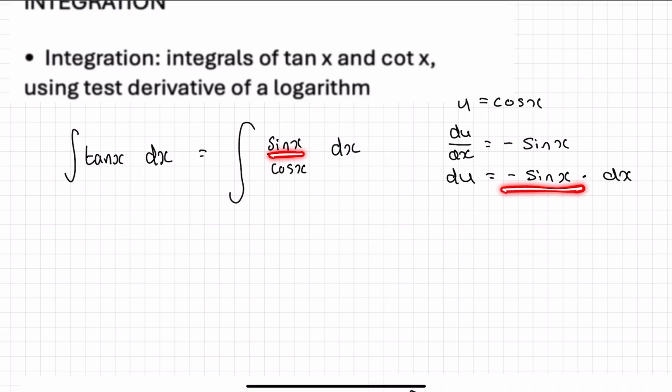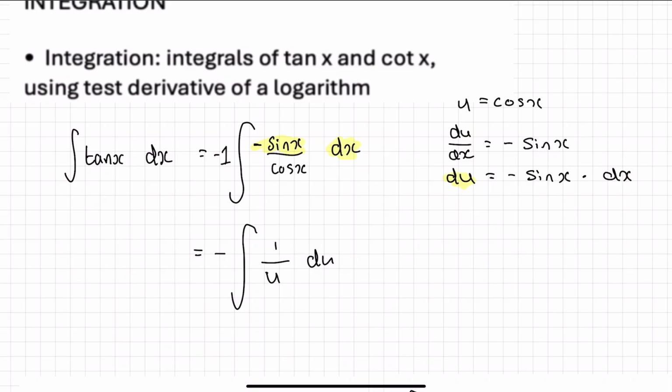I need to make this a negative, so I'm going to make this a negative here, but times it by -1 so they cancel out. So now this becomes du. So it equals negative of 1 over cos x, which is u, du.